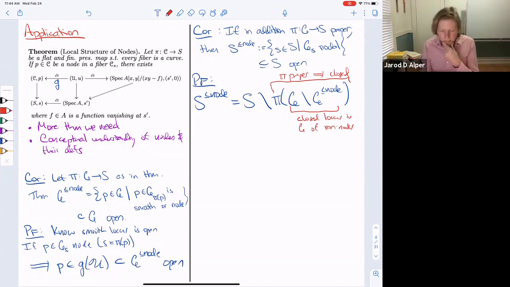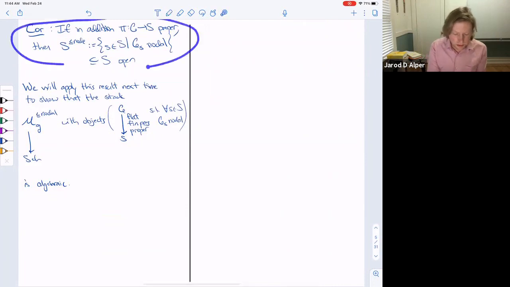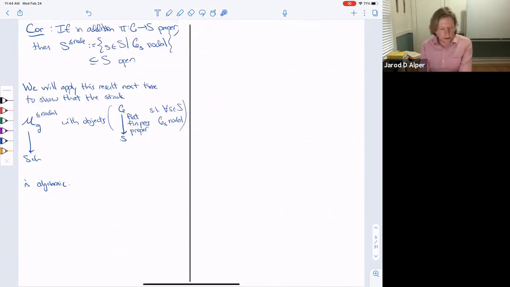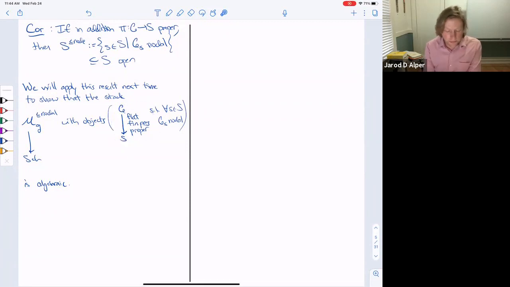And the reason we like this result is because at least this last corollary allows us to apply it to the moduli setting. So I've repeated this corollary up here: the nodal locus in the base is open. And next time we're going to apply this result to show that if I define the stack of all at-worst-nodal curves, where objects are flat, finitely presented, proper families such that every fiber is nodal, we're going to use this to argue that this stack is algebraic.